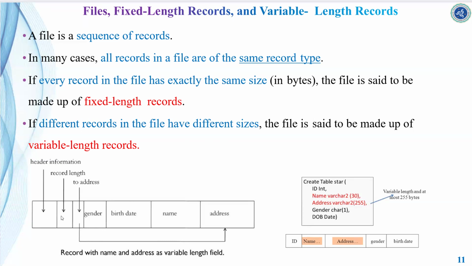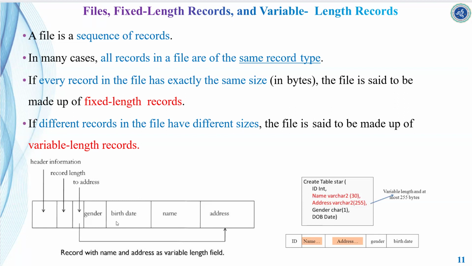Here is the structure of a record. This is the record header, that is the header information: what will be the length of this record, and from what address this record starts. And these are the data types this record has: gender, birth date, name, address.